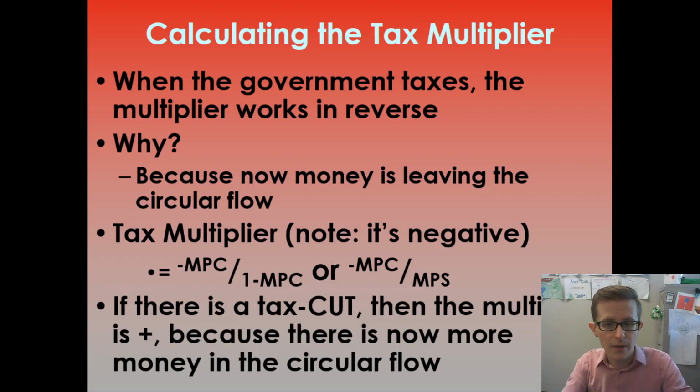So the tax multiplier will be negative. Now, if there's a tax cut, the multiplier will be positive, okay? Because now there's more money in the circular flow of the economy. So if there's a tax increase, it'll have a negative impact on GDP. If there's a tax cut, it'll have a positive impact on GDP.